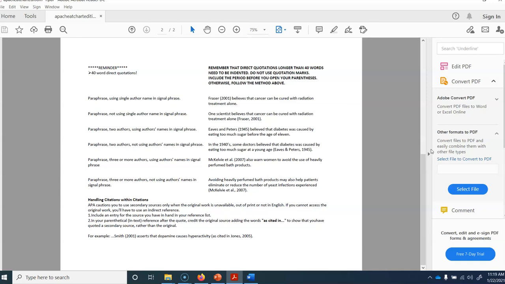But if I decide that I don't want to use the name Fraser in my sentence, I might say something instead like one scientist believes that cancer can be cured with radiation treatment alone. And then at the end, I'm going to open up my bracket, put in the author's last name, followed by a comma and a space, and then the year of publication, close the bracket, period.